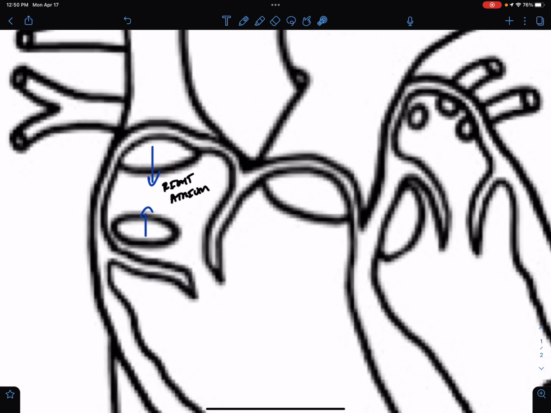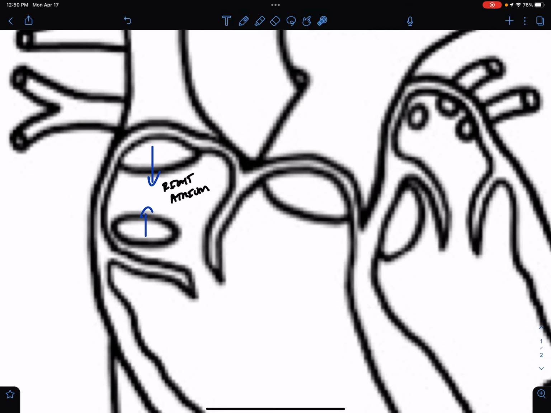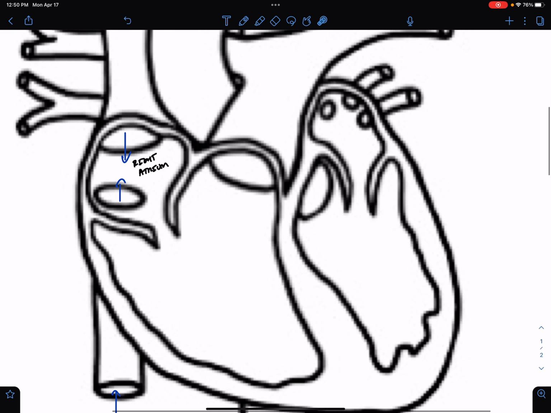Okay, so this is called the right atrium, and all the blood is dumped into the right atrium. An atrium is, like the atrium in Hanover High School, a waiting place, a hanging out place. And so the blood starts to pool in the atrium, and it's going to slowly trickle through a valve here.